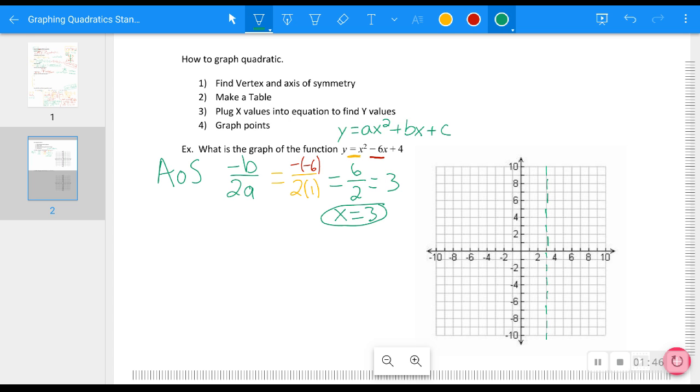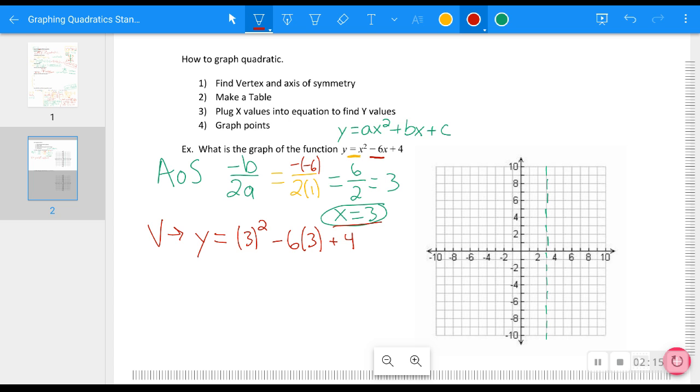So then next we can find our vertex. To find our vertex, all we're going to do is plug in the x value from our axis of symmetry into the equation and see what we get out for our y value. So if we plug that in, we have 3 squared minus 6 times 3 plus 4.